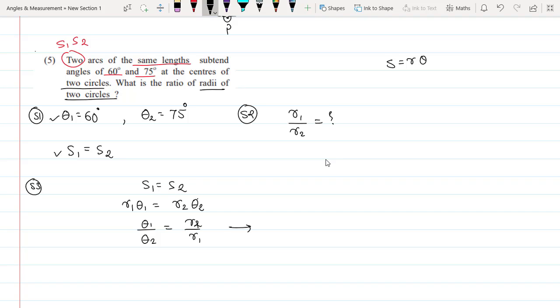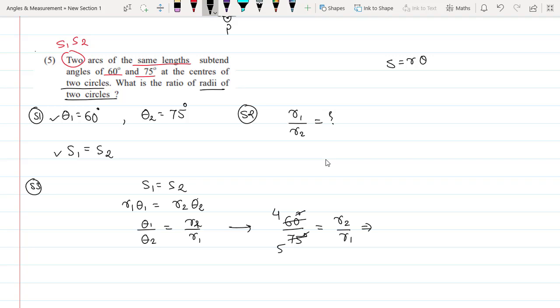So implies theta 1 by theta 2 means what? It's 60 degree divided by 75 degree equal to R2 by R1. Okay, let's convert this into the radians, किंवा तुम्ही याला इथेच कॅन्सल आउट करू शकता, नो प्रॉब्लेम. कितीने कॅन्सल होईल? 15 ने कॅन्सल होईल. 15 चौक 60 आणि 15 पाच 75. सो डिग्री बाय डिग्री कॅन्सल हो गया.